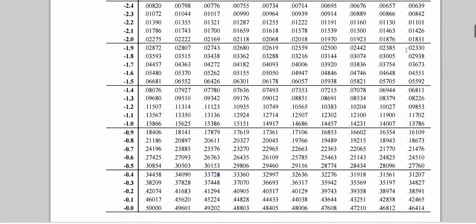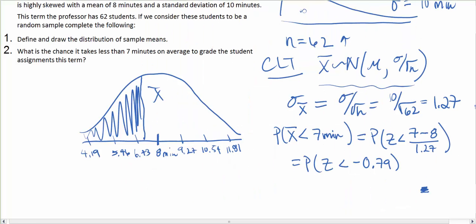So if I come down and scroll across, I see that the proportion that falls below a z-score of negative 0.79 is 0.21476. So this is equal to 0.21476, or there is a 21.5% chance, I just rounded a little bit, that it'll take less than 7 minutes on average to grade the student assignments this term.